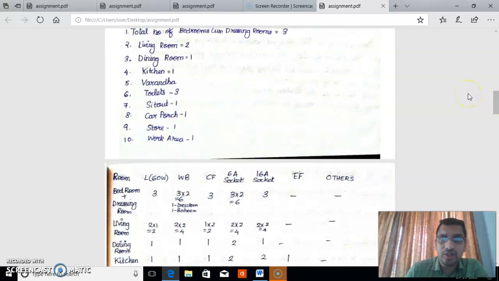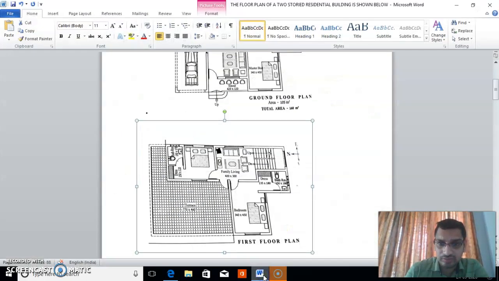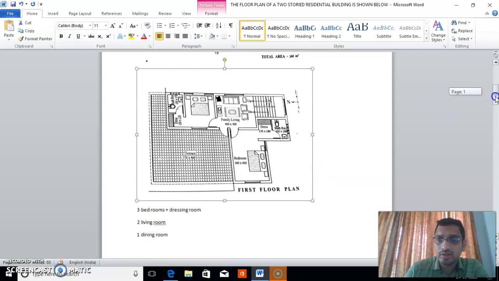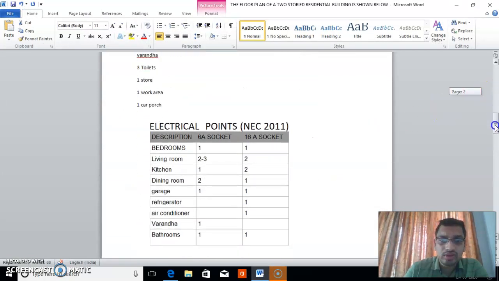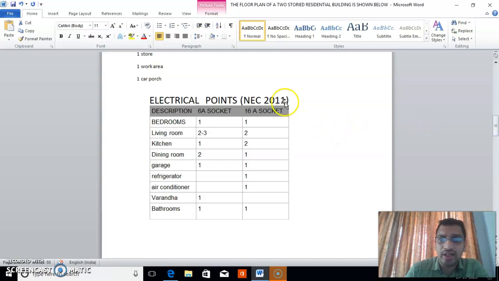Then we need to make some assumptions before we install the different electrical points. So the first assumption, according to NEC 2011, is number of 6 ampere socket and 16 ampere socket installed in a different type of room. For example, in bedroom, this table shows the number of 6 and 16 ampere socket required to install in a different type of room.